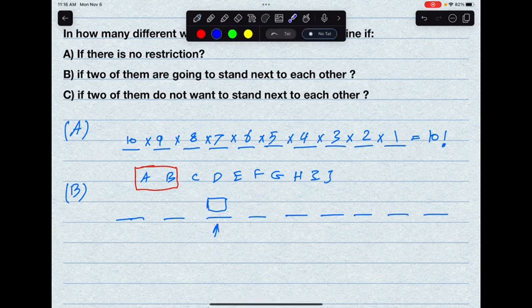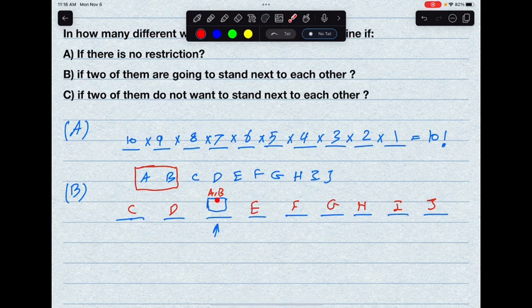When we choose A and B to be here, then for any arrangement of the other 8 people, for example C here, D here, I and J, I know A and B will be here. So for any arrangement of these 8 people, there are 2 possibilities for AB.